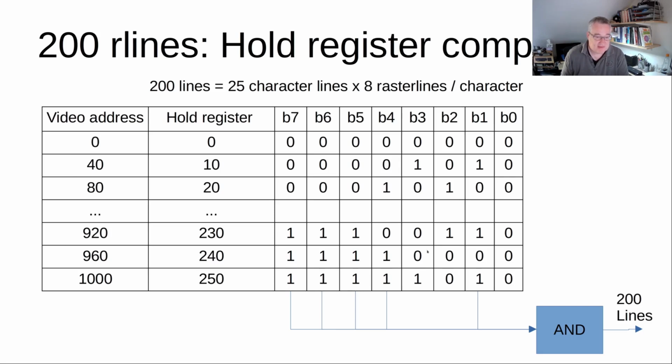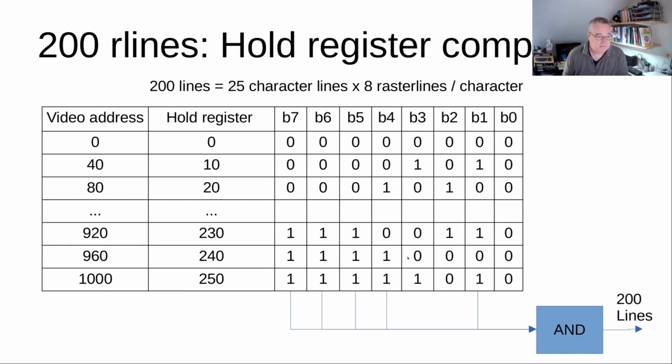And once it gets to behind the last displayed character, it goes to 1000. And then you only need to AND these signals. They could have used this one or that one, but one of those is enough. And then that's it. Very, very, totally simple timing.